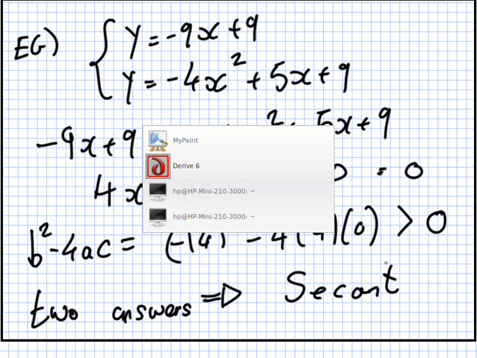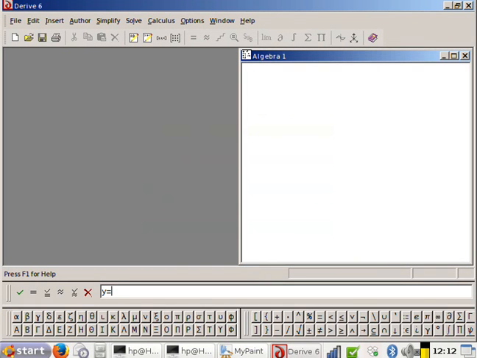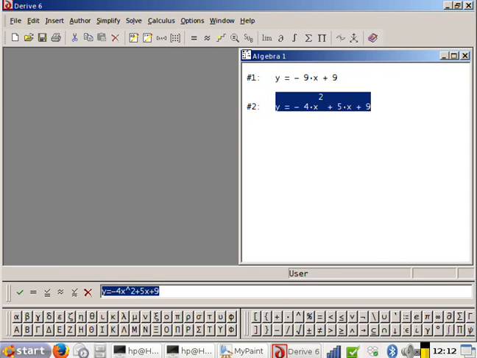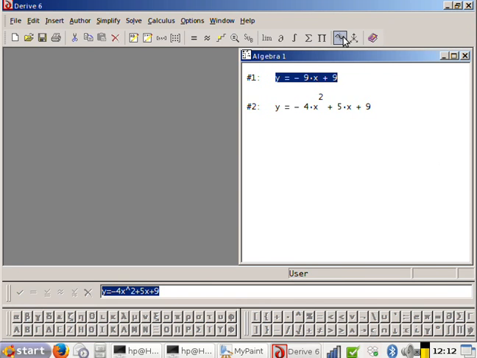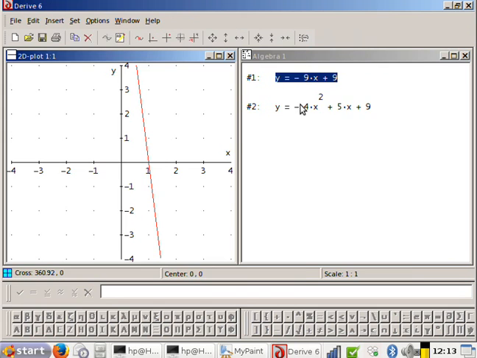Now what I'll do is I'll draw this as well to show you. My first one was y equals minus 9x plus 9. And my second one is y equals minus 4x squared plus 5x plus 9. Let me draw this one.